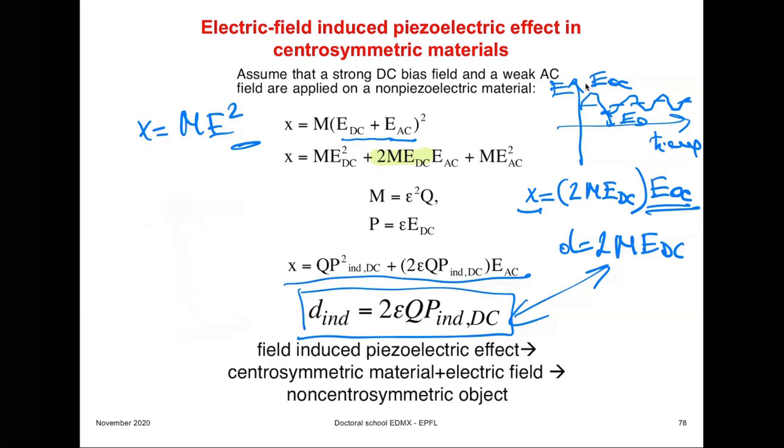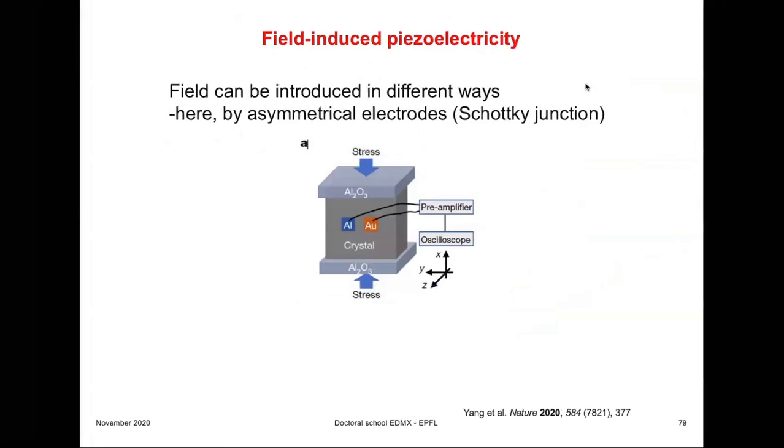Now, the nice trick is that you actually don't have to apply an external electric field to make a centrosymmetric material piezoelectric. There are tricks for how this can be done without actually physically applying an electric field.